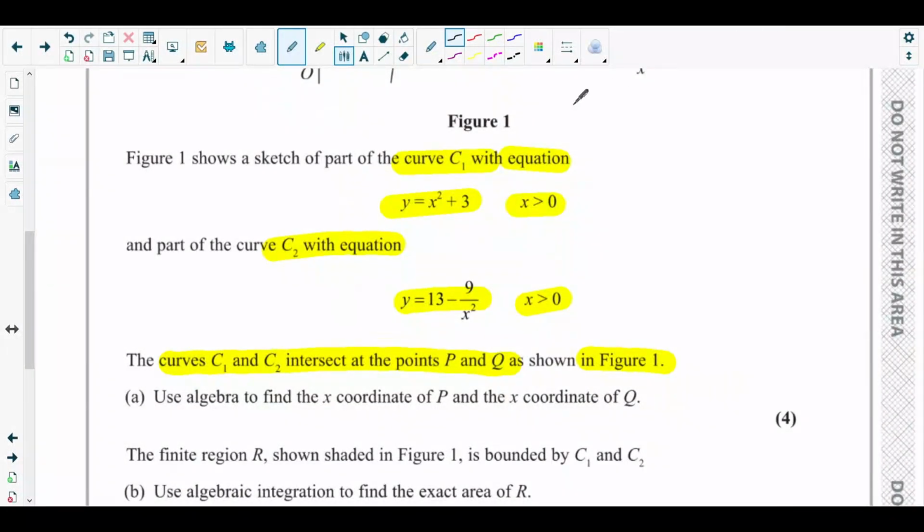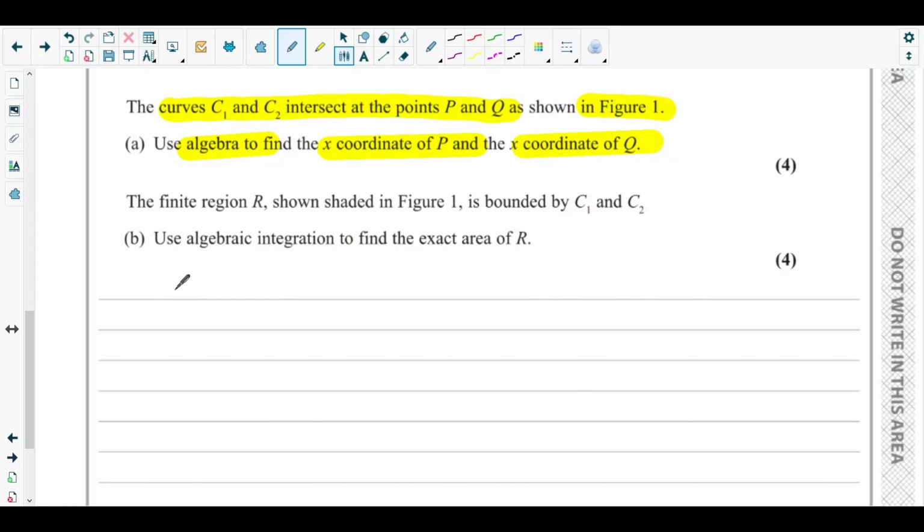Part A is asking us to use algebra to find the x coordinate of point P and the x coordinate of point Q. That means we need to find the x coordinates of the points of intersection.